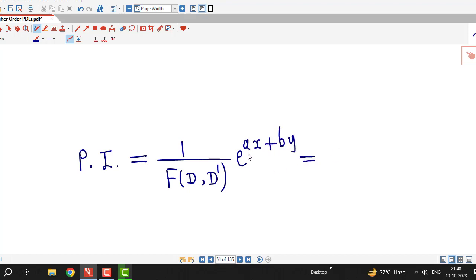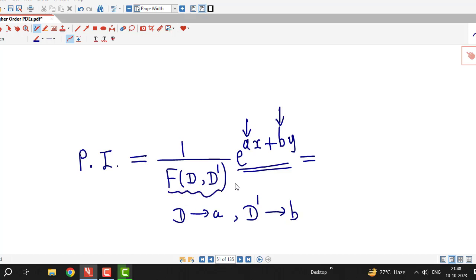So whenever I have this type of exponential right hand side, I find the coefficient of x and the coefficient of y in ax plus by, and I replace D by a and D' by b in the function capital F.